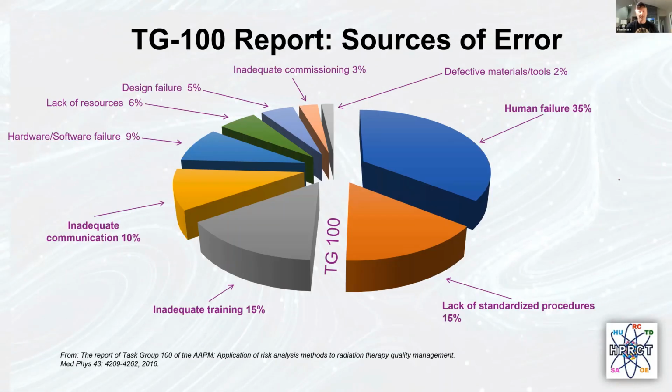That's it. So this pie chart, what we're saying is hardware software failure, right? This was the hardware software failure, 9%. Are you saying that this is the cause of the failure that caused harm to the patient? It didn't necessarily cause harm, because it could have caused a billing error.